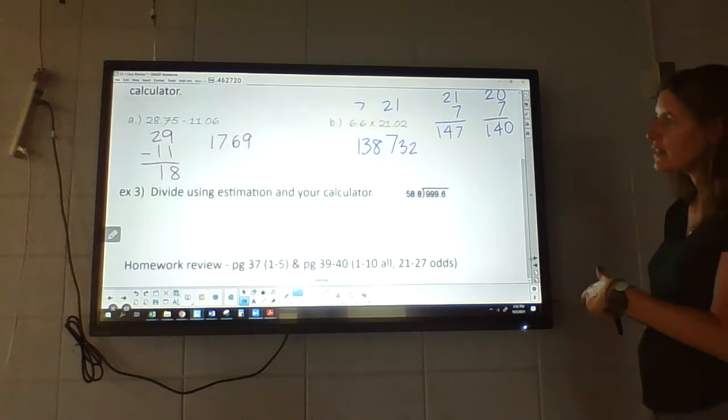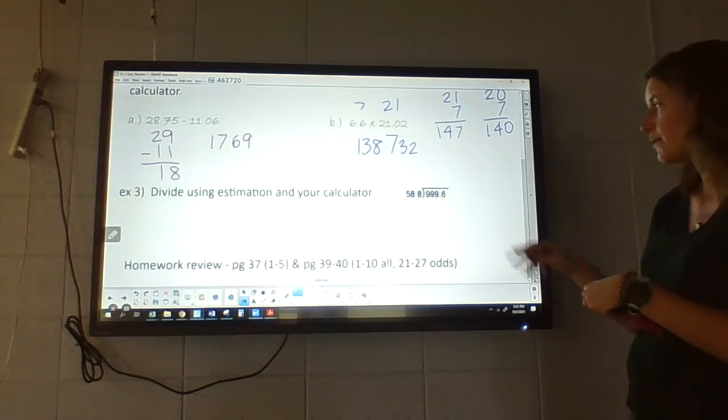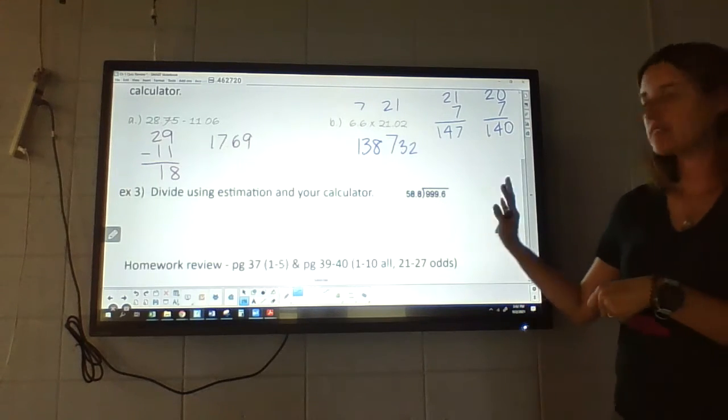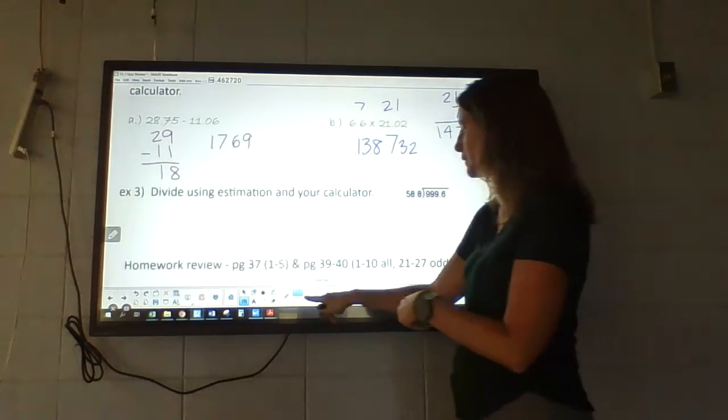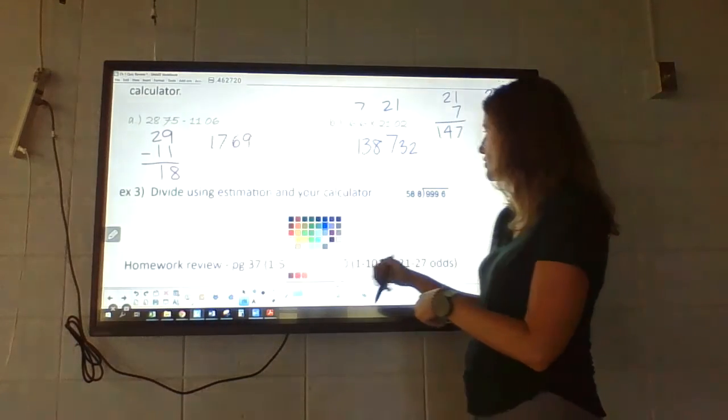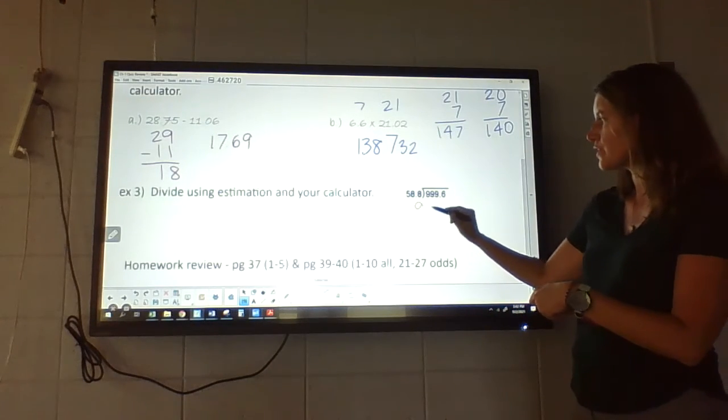All right, then it says divide using estimation and your calculator. I wanted to mention this because division like this is sometimes confusing in your calculator. So when we do this, this number actually goes in first.